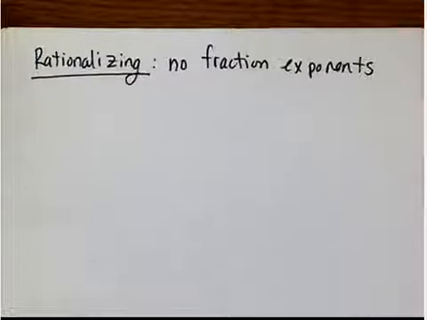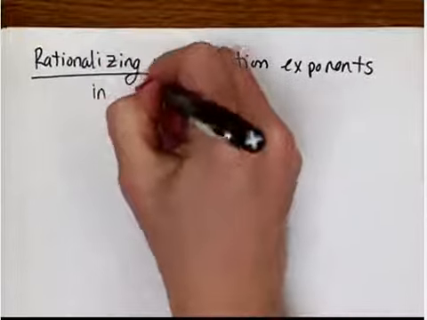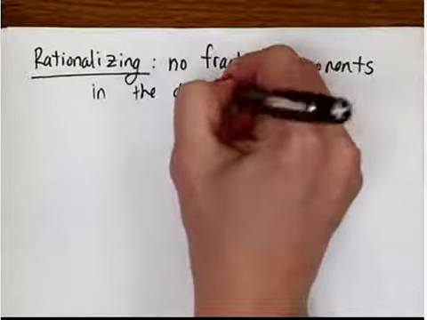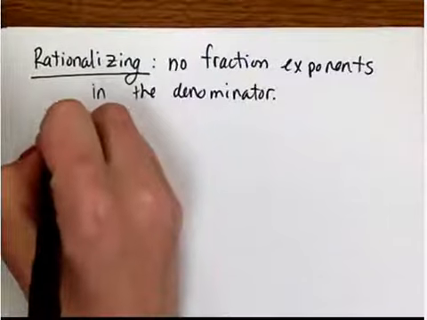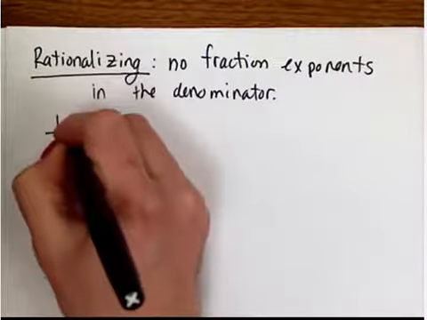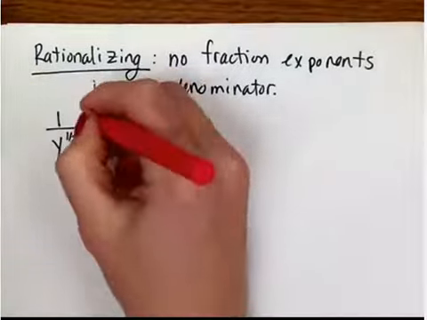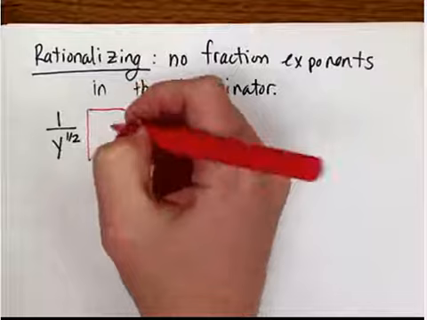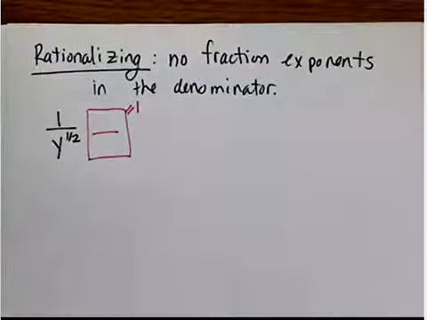Okay, for the second set of examples, we're going to look at rationalizing, which means no fraction exponents in the denominator. Okay, so we're going to start slow here. So if I have 1 over y to the 1/2, I need to rationalize, which means I need to pick a quantity that I can multiply by. Now that quantity needs to be equal to 1.